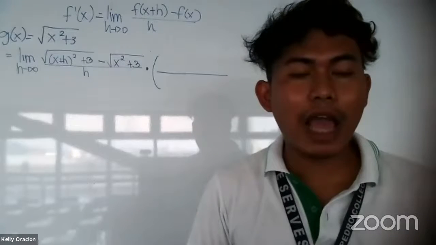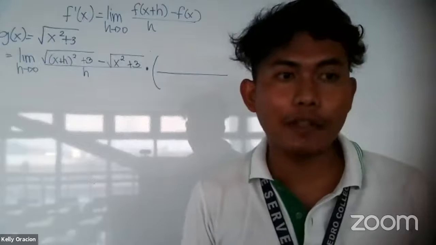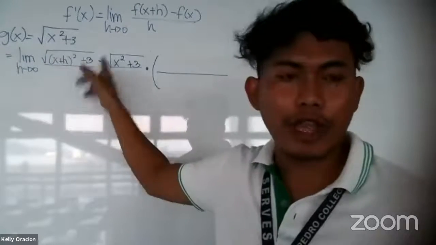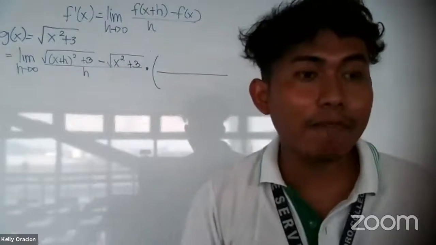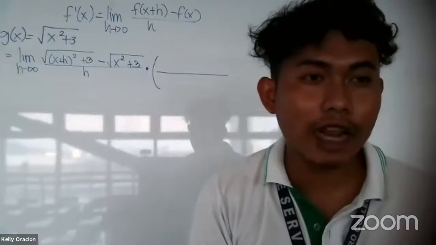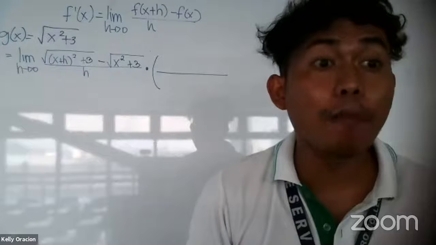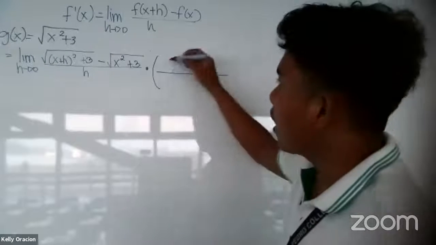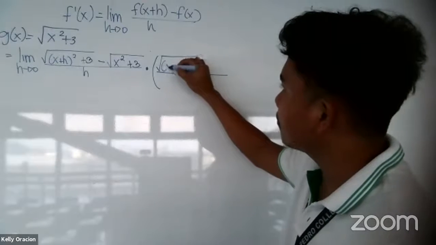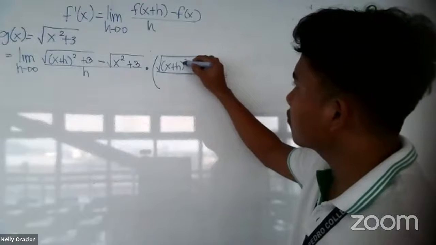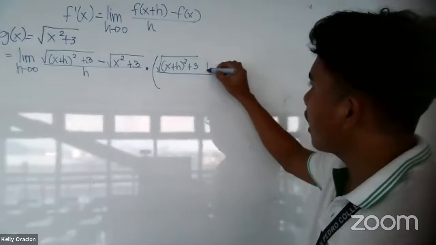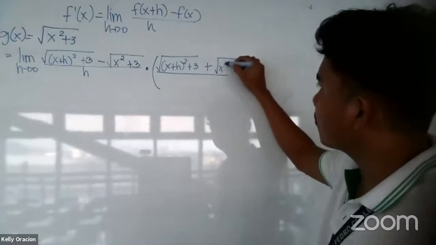And may sinabi ako kahapon, di ba? Pag square root, i-multiply the same terms but opposite sign. Ngayon sinabi ko kahapon. You are going to multiply it by the same terms but opposite sign. So you have the same terms lang. Then opposite sign.